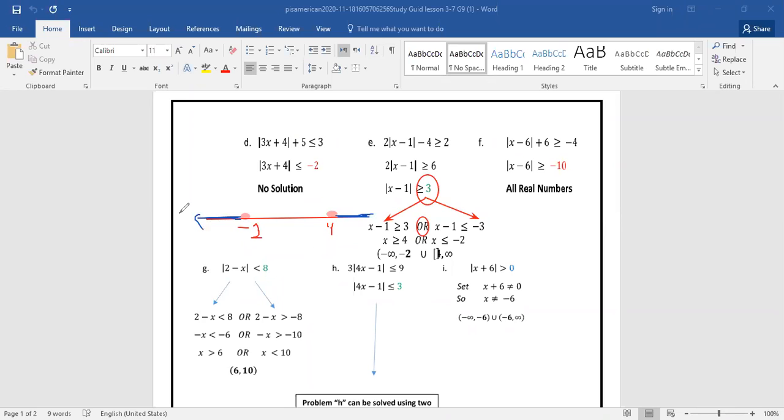This is called negative infinity, where we don't have an end for the numbers. When you extend to the right, it will be positive infinity. No end on the right side; negative infinity, no end on the left side.